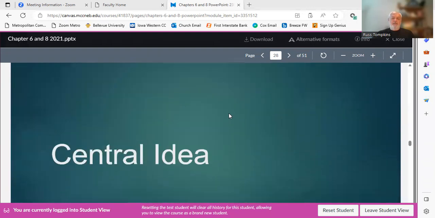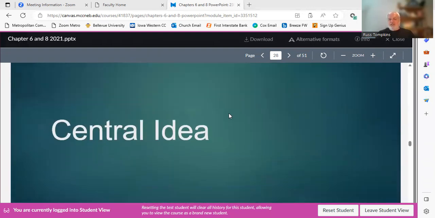That's the specific purpose. The next term to know is the central idea. Central idea is defined as one sentence that you're going to actually use in your speech toward the end of the introduction, or sometimes in the middle of the introduction, but usually at the end of the introduction. That's going to do two possible things. One thing it's going to do is announce what your topic is.